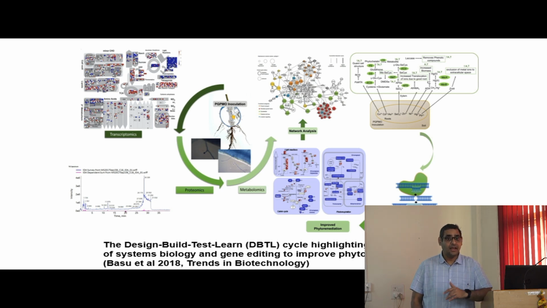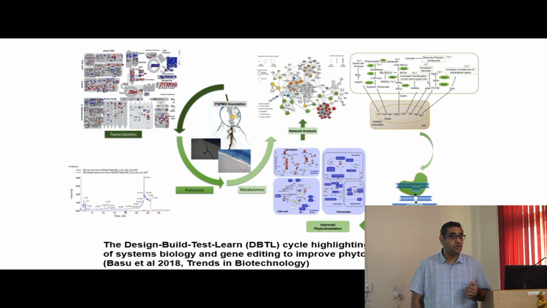Along with that, you should be able to do network analysis, meaning a specific protein network. This is possible only when you have complete transcriptome data and also the metabolome data.